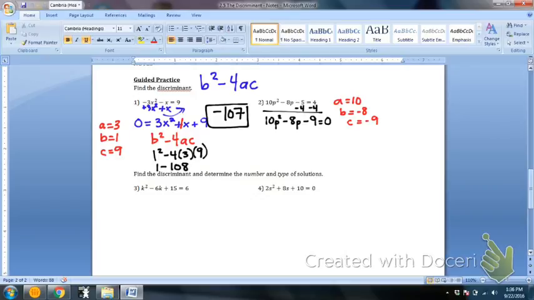Okay, so we're labeling our A, B, and C. I'm just going to put it into our formula.